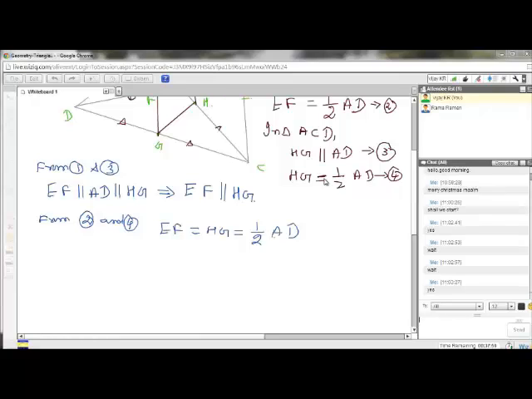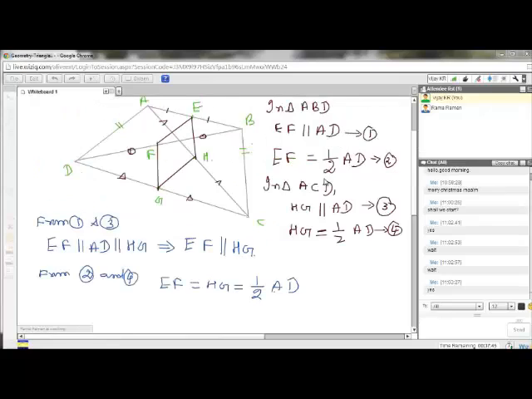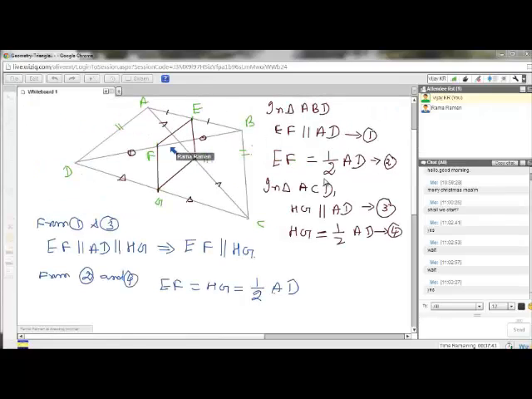Now, when you look into these two conditions, EF is parallel to HG and EF is equal to HG. So, first of all, you consider EFGH as a quadrilateral.